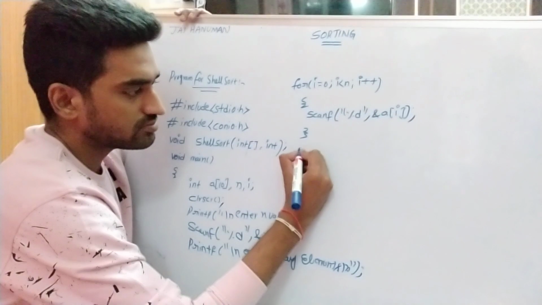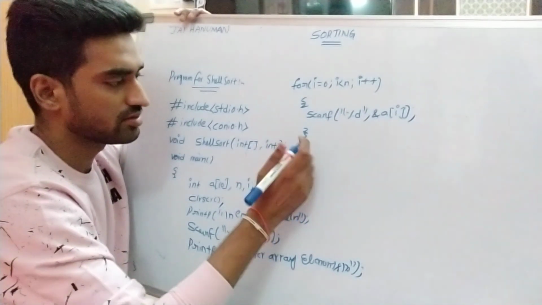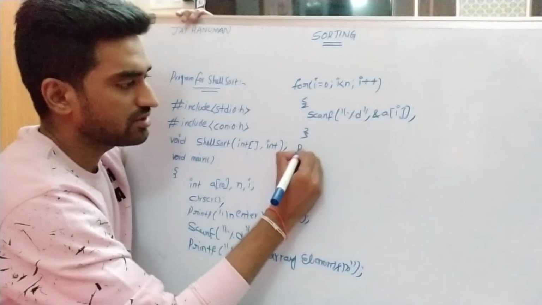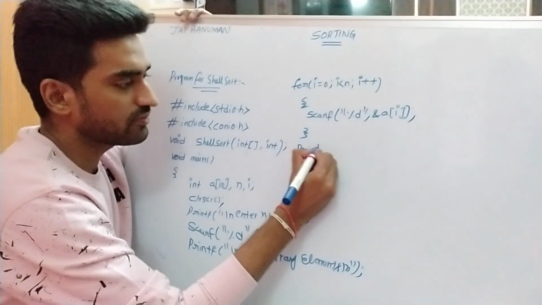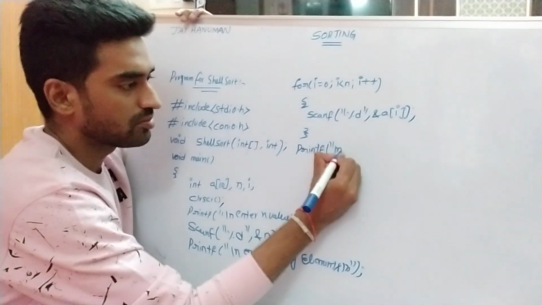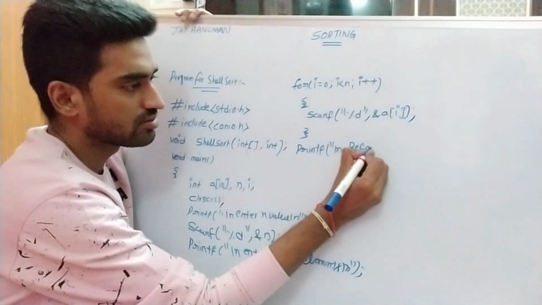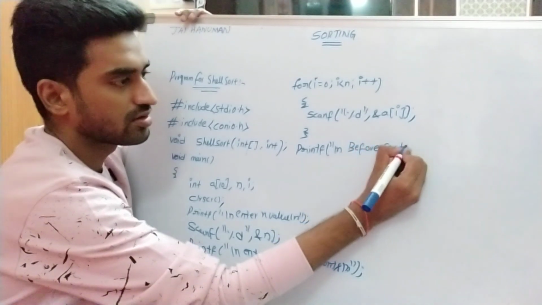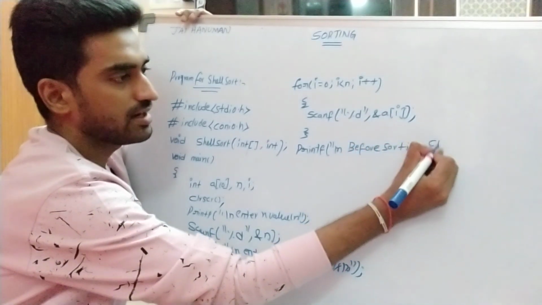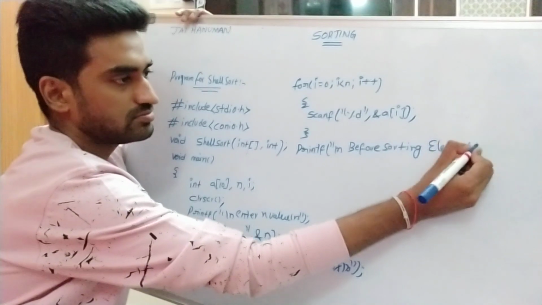Then here I am printing before sorting. So printf before sorting elements are.